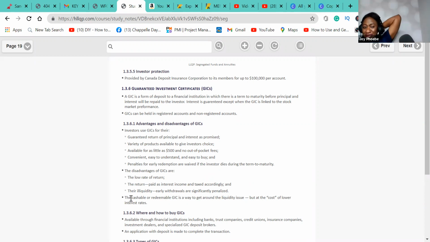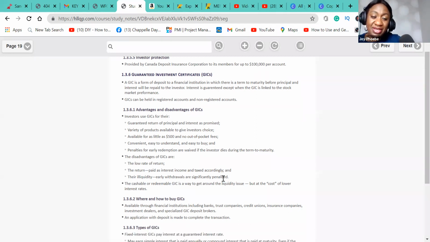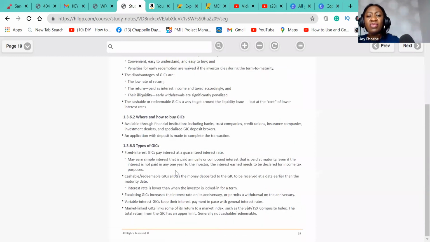Let's say something happens and you are not able to wait until the end of maturity and you have to liquidate your GIC sooner, then you get penalized heavily. Where and how do you buy GIC? GICs are available through financial institutions, including banks, trust companies, credit unions, insurance companies, investment dealers, and special GIC deposit brokers.